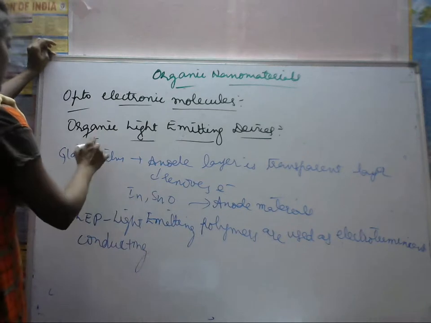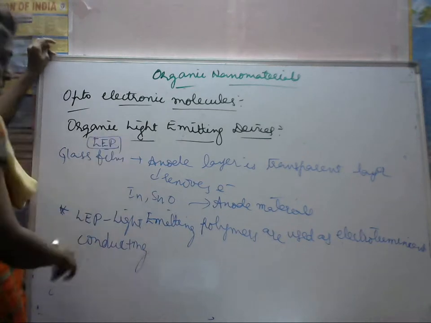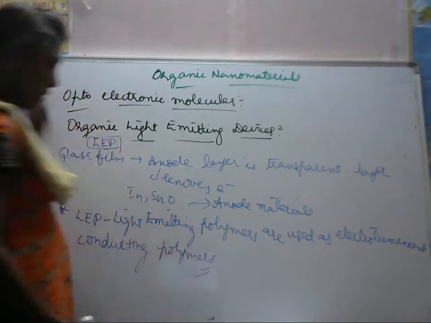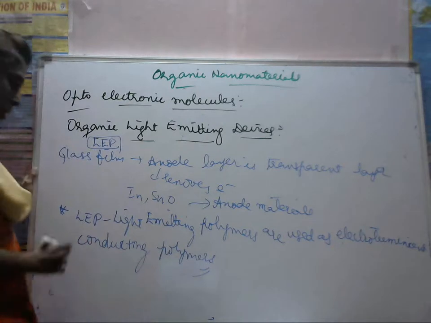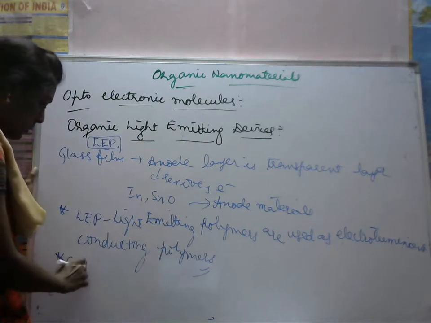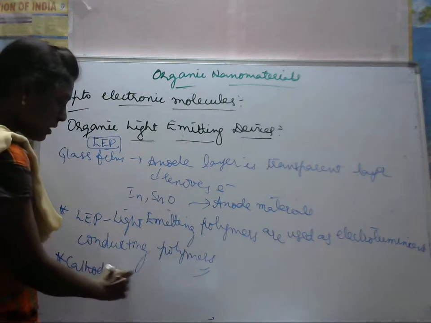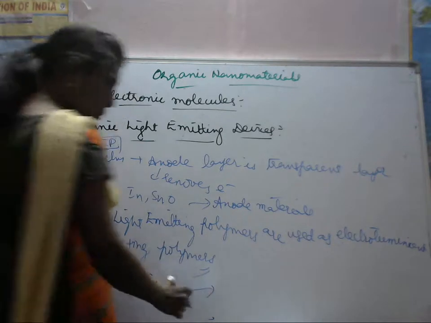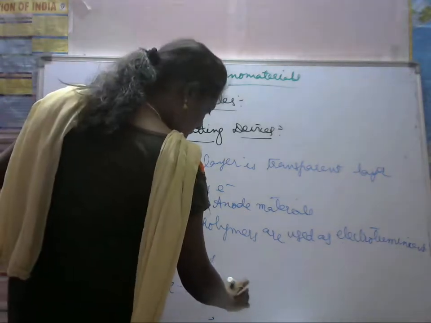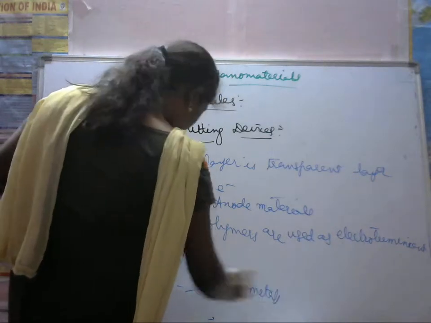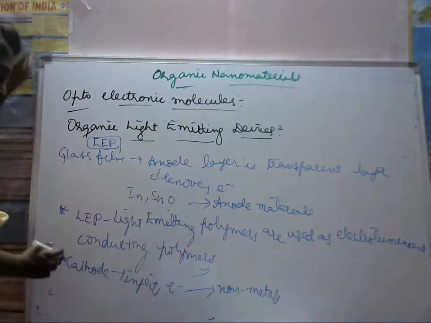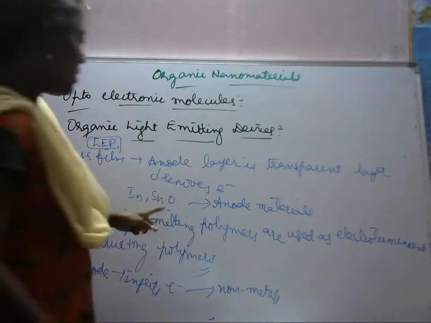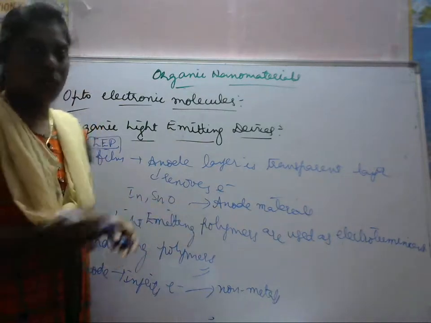Here we are using LEP, conducting polymers. The cathode layer injects electrons. For the cathode we are using aluminium or calcium, but indium tin oxide is used as the anode.